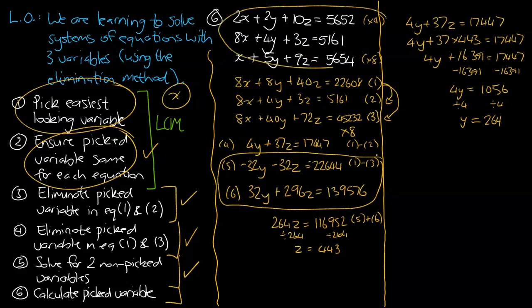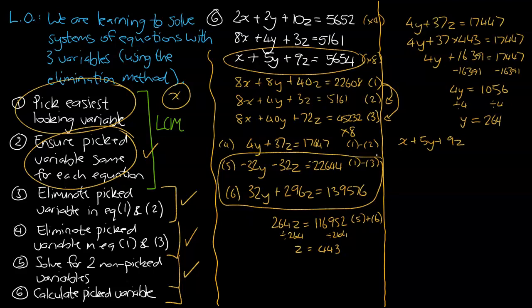So we go back to our original equations in white. Which of them looks easiest? And I'm thinking that bottom one looks the nicest. So let's jot that down. So I've got x plus 5y plus 9z is equal to 5,654. Let's sub in both the y and the z that we know.